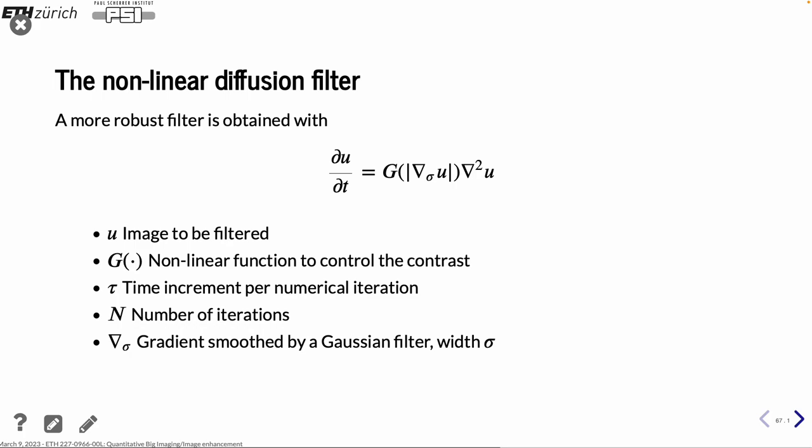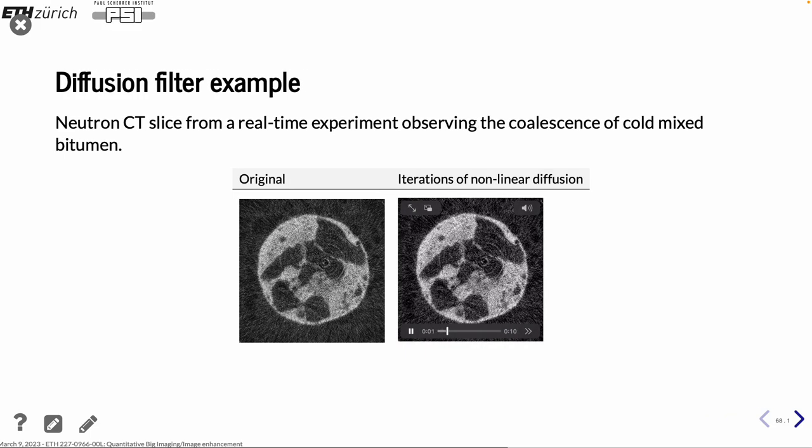Another thing is, as we have seen, the gradient also enhances noise. So as an extra thing, we also apply a Gaussian filter to the image before we compute the gradient. And then we only get the nice edge information and not all the noisy stuff. And with that, we now can see in this little movie how the diffusion is working.